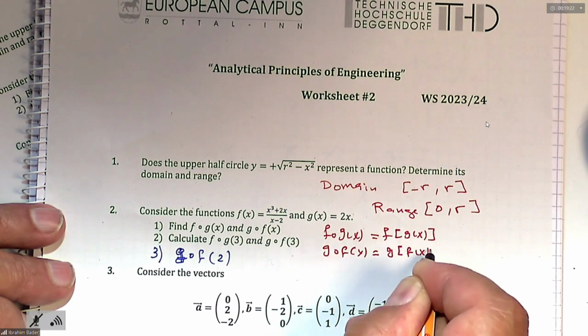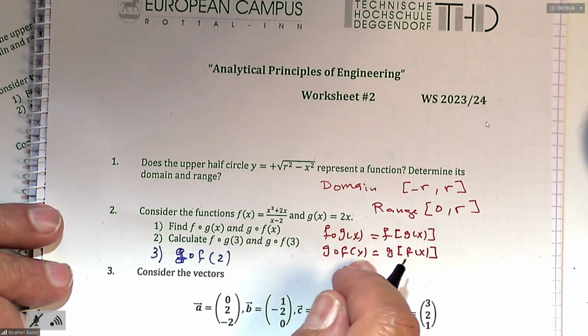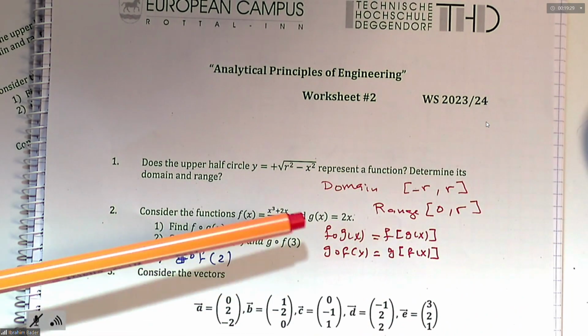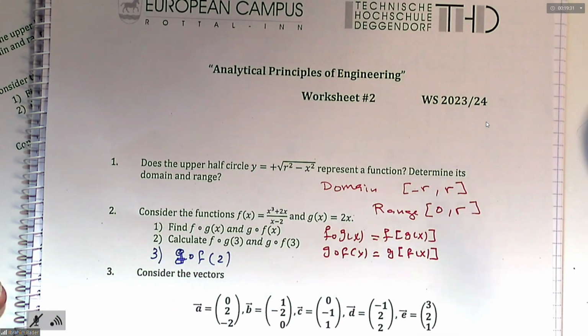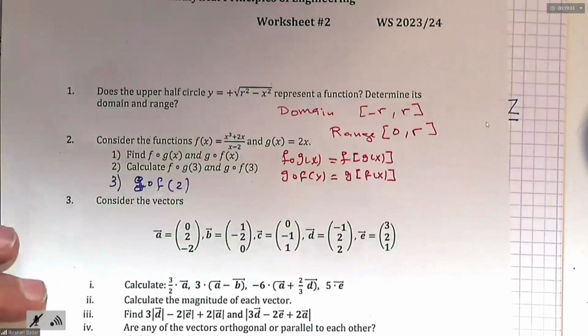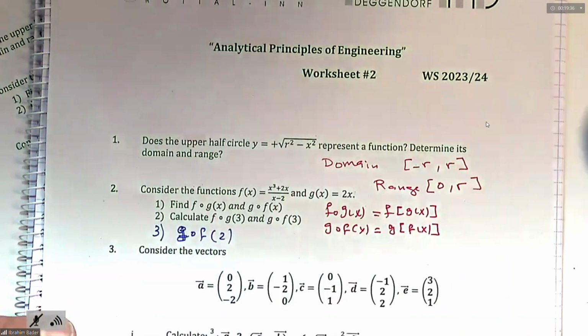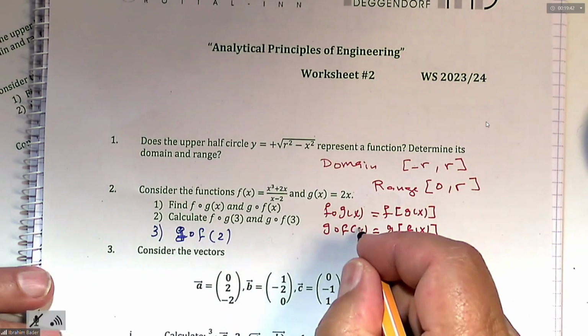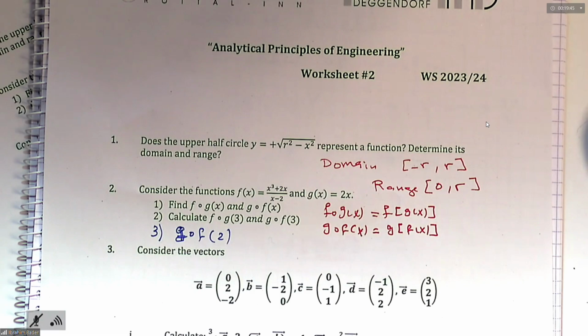That means, as you see, we are evaluating inside out in both cases. So this is definitely not always commutative, meaning that if you flip the order of the functions, you will get a totally different value.